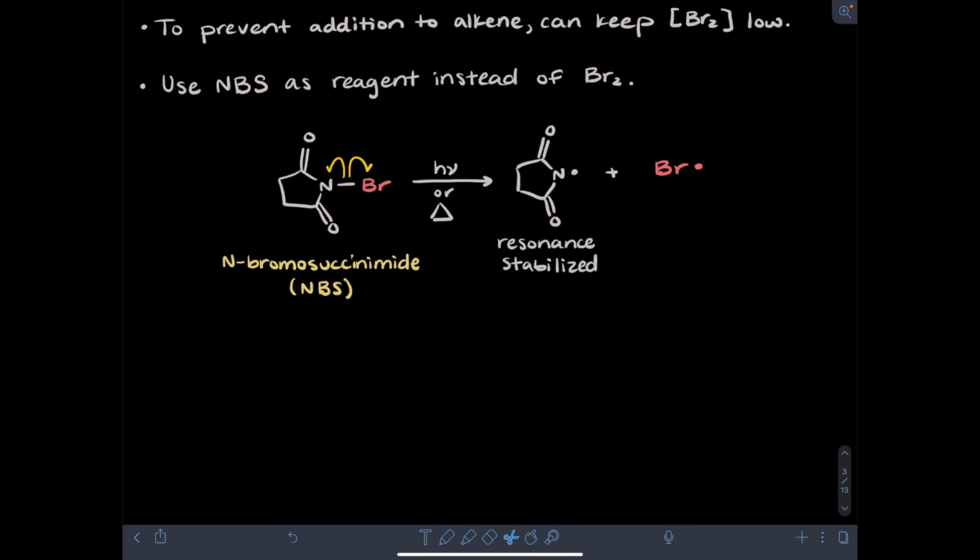This is resonance stabilized because the unpaired electron on nitrogen is adjacent to actually 2 pi bonds. And this reaction of NBS also forms a bromine radical. In the mechanism that I'm going to draw soon, this bromine radical is our propagating one, meaning it's going to show up in the propagation steps and be used and then reformed.